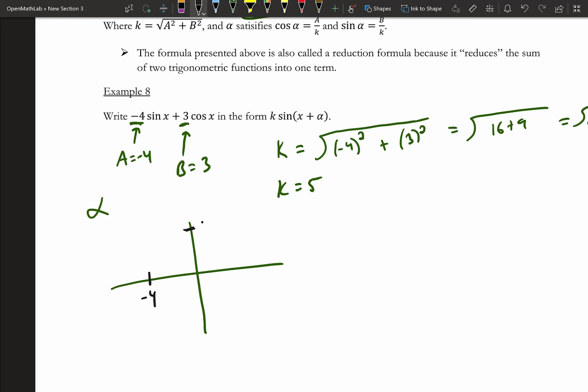So there's the point that I'm going to land at for my right triangle. We can label this -4, this is 3, and my k value, which is r, is 5. We want to figure out what this angle is, which is alpha.